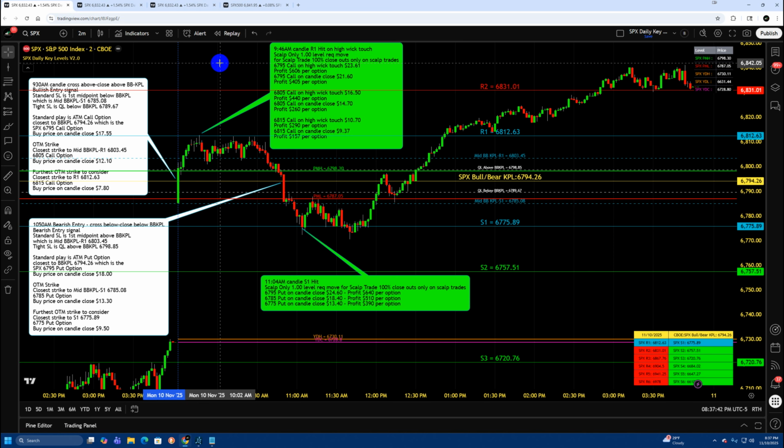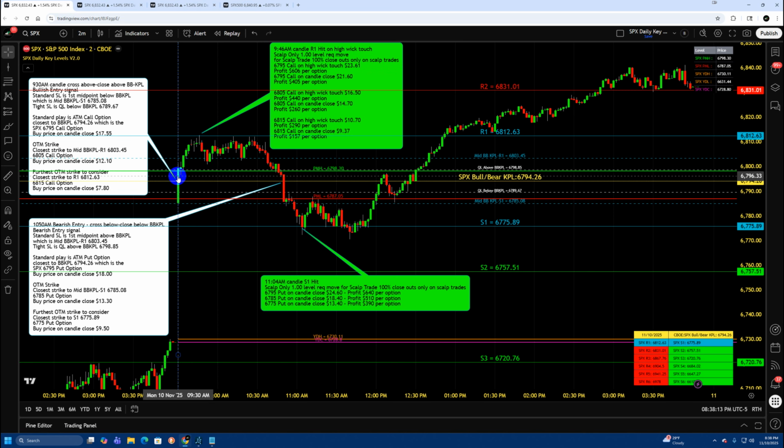Some people prefer 1 minute, some people prefer 5-minute candles, some people may be using other indicators that they like in conjunction with this, whether it's moving averages or other types of indicators. If you prefer a different time frame, just please keep in mind that with this core daily key level strategy, the recommended time frames are between 1 minute and 5 minutes.